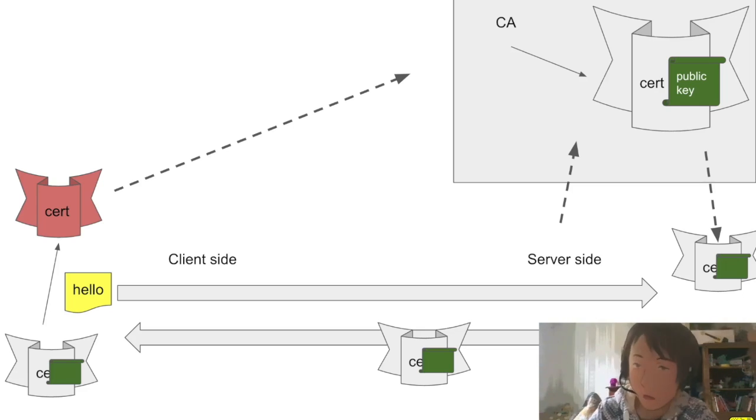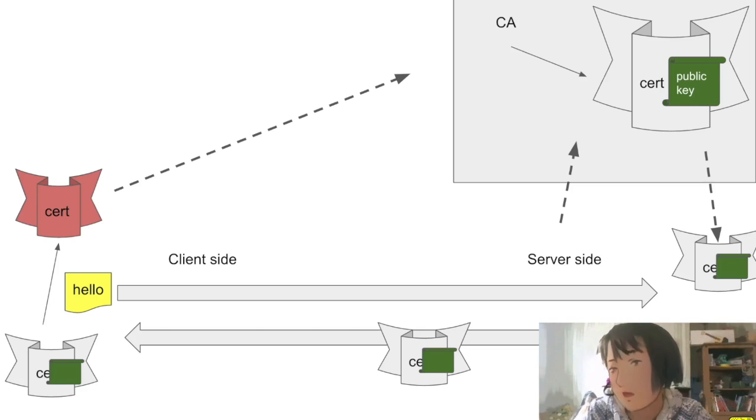Alex comes back and shows you the letter, and you read it. It says someone called Bob confirms this is Alex, and you're confused. What? I don't know Bob. Why should I trust Bob? You give me the letter, but I don't even know who Bob is. No, this doesn't work, right?